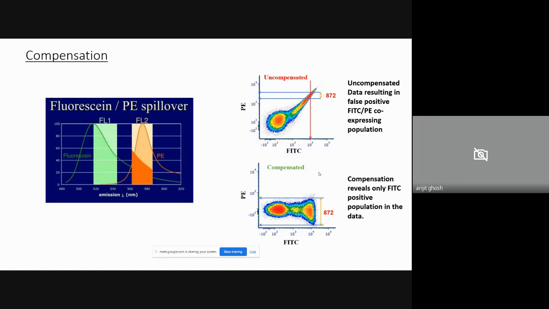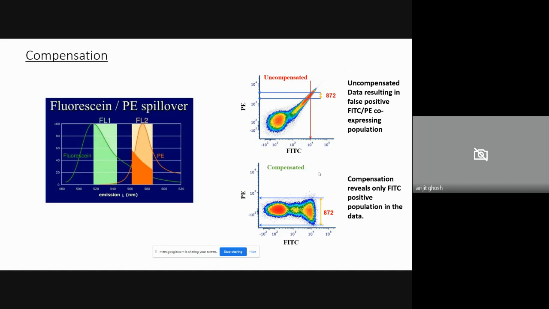Some fluorochromes have emission spectra that overlap, due to which they give signal in the other fluorochrome's channel.